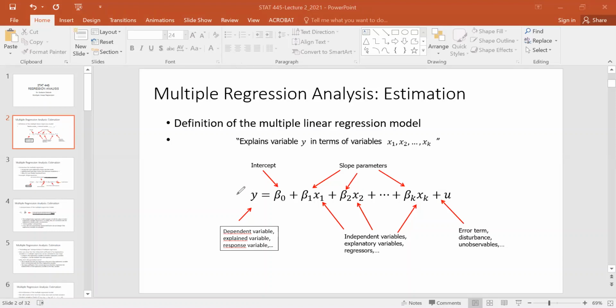This is our dependent variable y, our intercept, the value of y when all the x's are 0, beta 1 all the way through beta k are our slope parameters, and u describes the error term or the disturbance or the unobservables. The key difference here is very simple. We are introducing other regressors in the model.